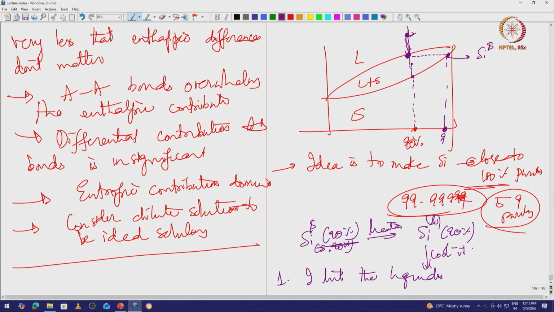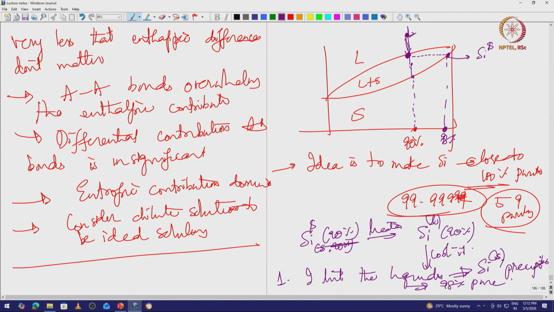The lever is much longer, so it is about 98% pure or something like that. Silicon solid precipitates, and I have made it about 98% pure in some sense.